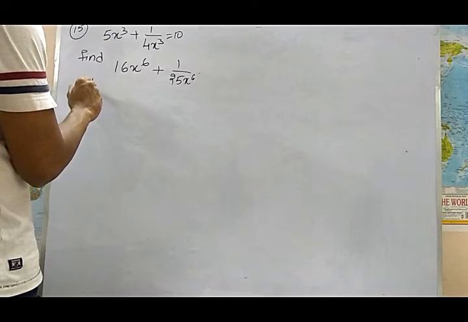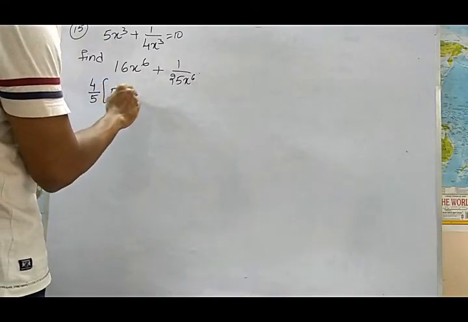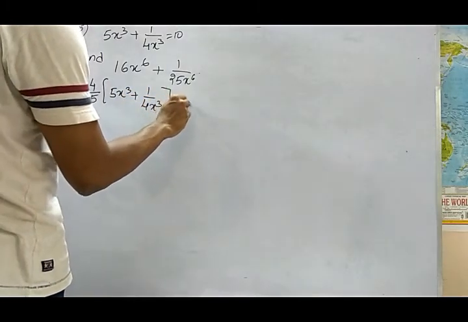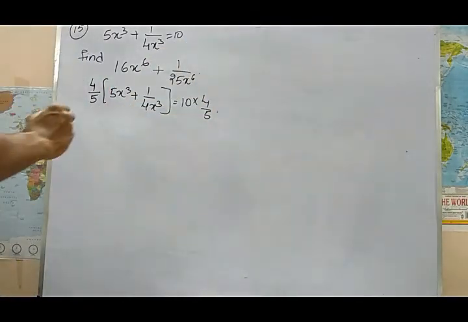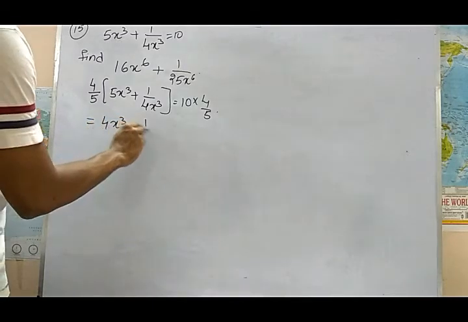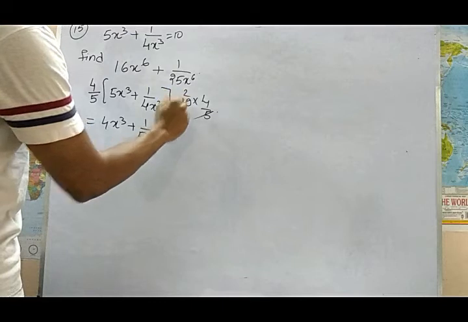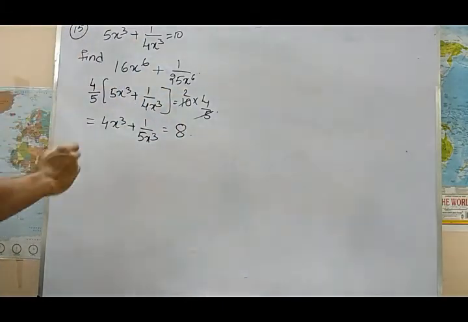So multiply with it 4 by 5 into 5x cube plus 1 by 4x cube equal to 10 into 4 by 5. So students, what we are left with? We are left with 4x cube plus 1 by 5x cube equal to 5, 2 times it goes into answer 8. So what we need to do? We need to do squaring on both sides.